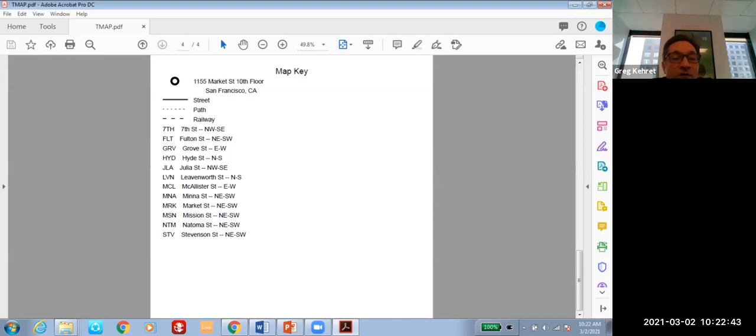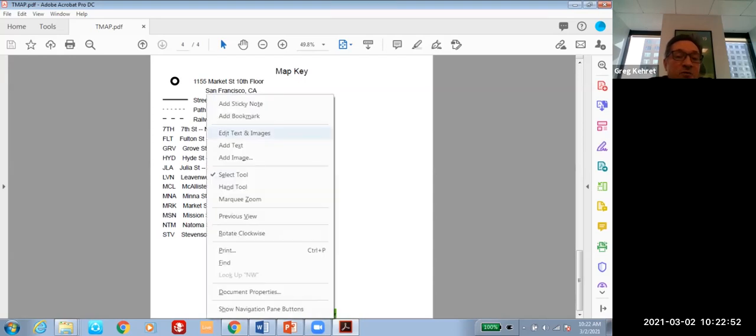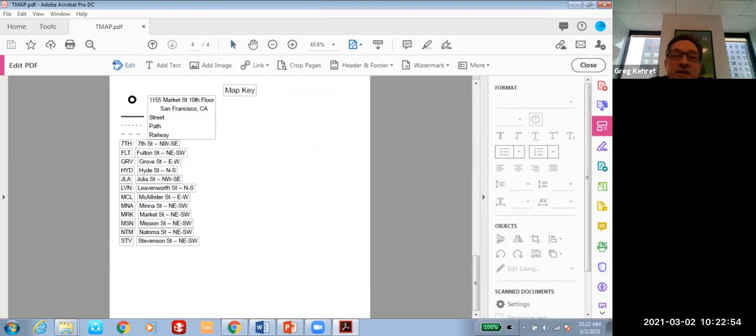So FLT for Fulton Street, GRV for Grove Street. I noticed too that the direction that the street runs, northwest to southeast, east to west, north to south. That can also help as an aid to orientation.